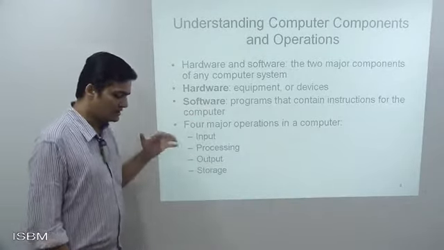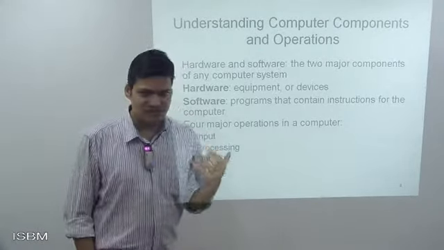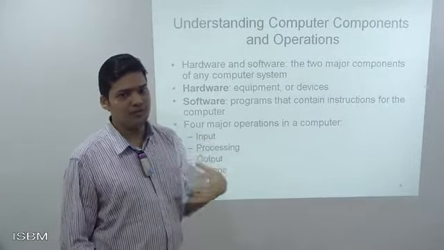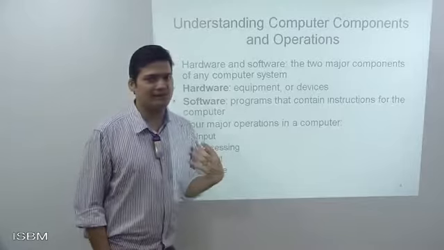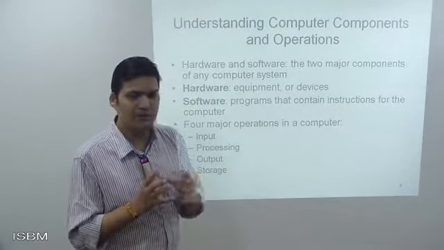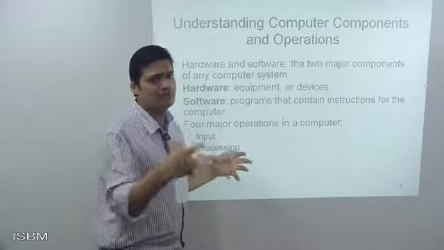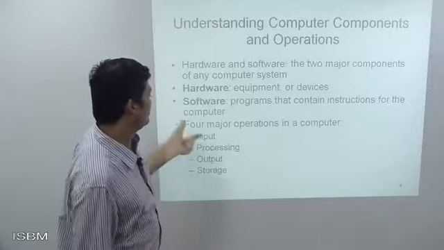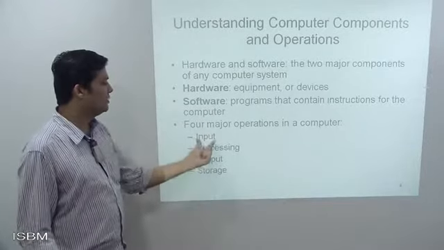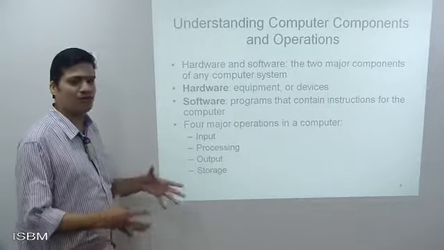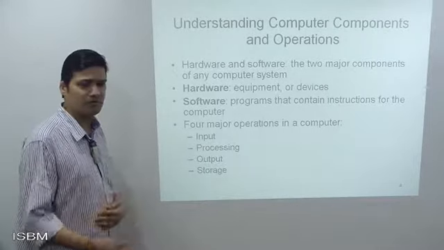So basically we are providing instructions, we need instructions because the computer cannot understand human language, so it requires its own language. That's why we are doing programming, to instruct the computer to follow whatever we want. Some major operations in the computer are input, processing, output, and storage. So these four major operations: input, processing, output, and storage.